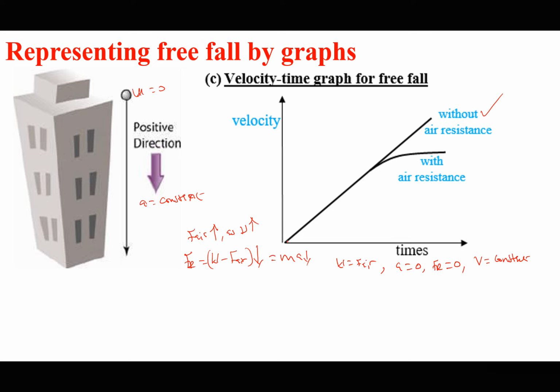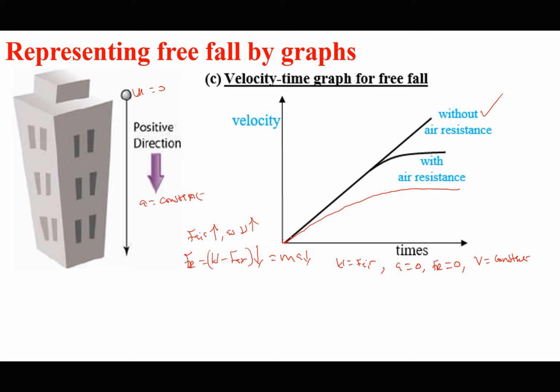So initially, I don't think this graph is very correct because there's air resistance, but the best way to draw this would be something like this. That would be the best way to draw this because there is air resistance. The velocity will not increase at the same rate for long. This is too much time.